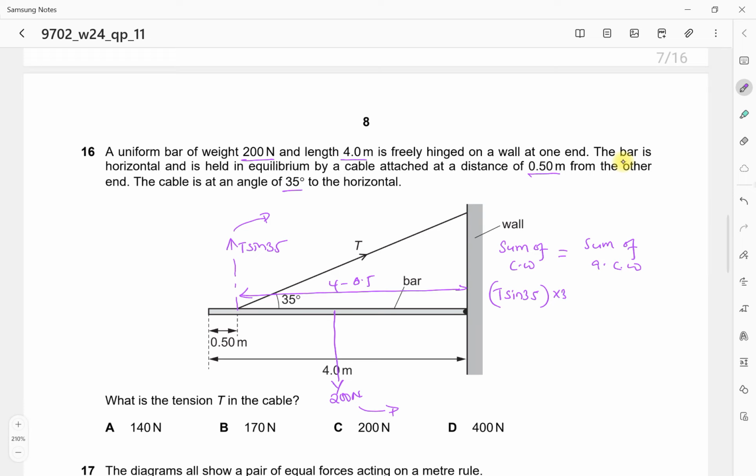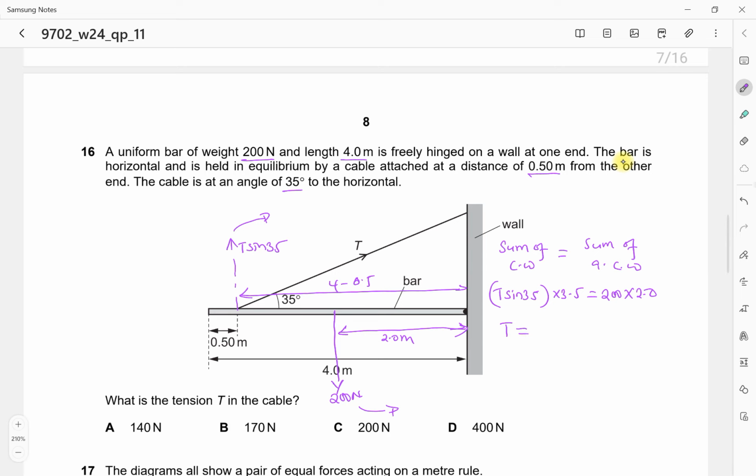So this is T sine 35 times 3.5, which equals the sum of anti-clockwise moments. The perpendicular distance for the weight is going to be half of 4, which is 2.0 meters. So this is going to be 200 times 2.0.